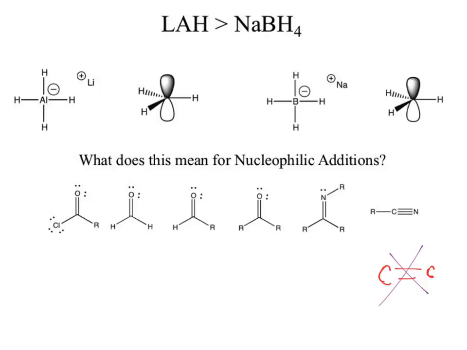What do all of those pi bonds have in common that is not in common with an alkene? Differences in electronegativity. We have oxygen versus carbon. Oxygen is more electronegative, making that pi bond polar. The alkene, not polar.